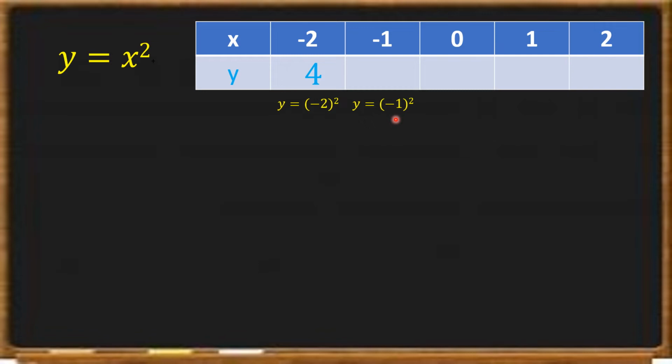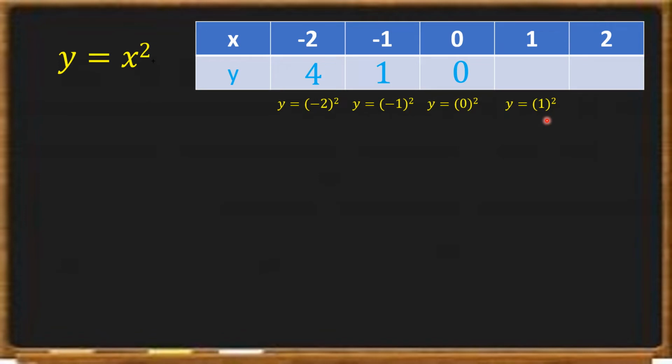So your x here is -1. So what is (-1) squared? So it is +1. If your x is 0, so y is equal to 0 squared. So what is 0 times 0? It is still 0. And then for your x is 1, so y is equal to 1 squared.